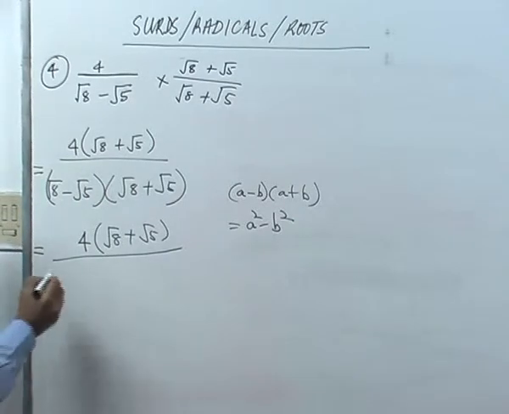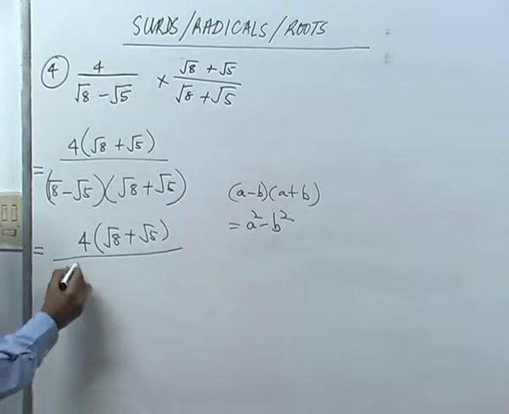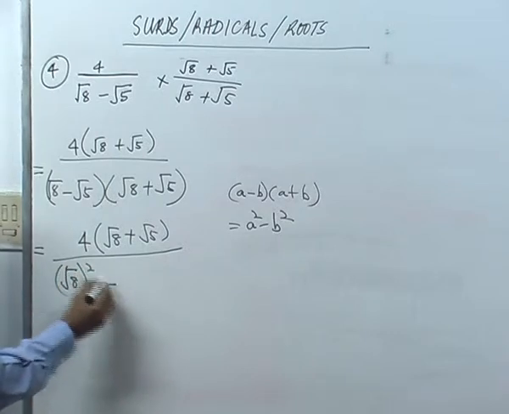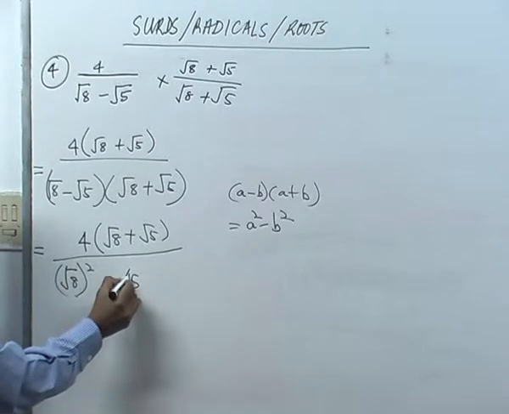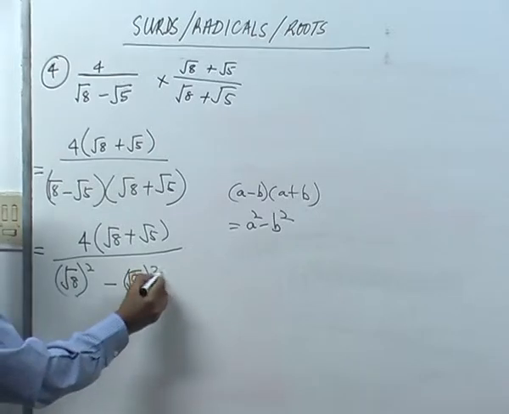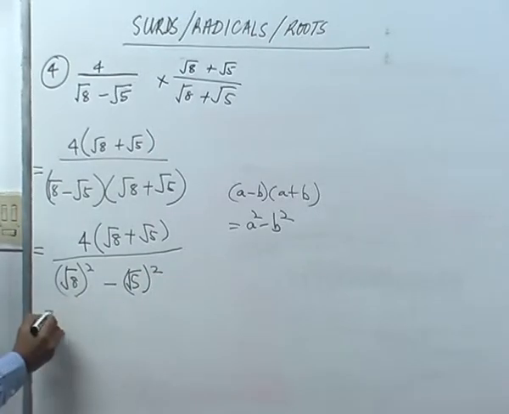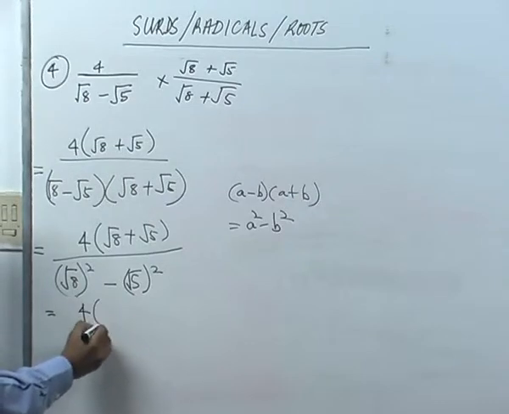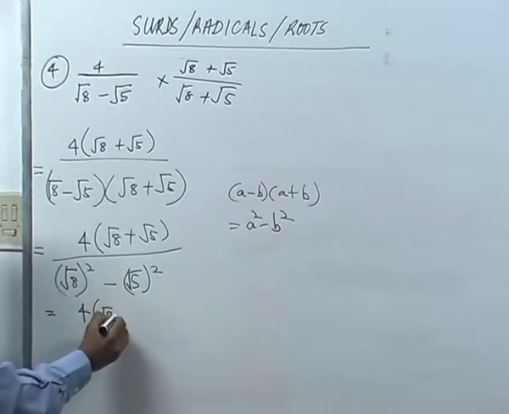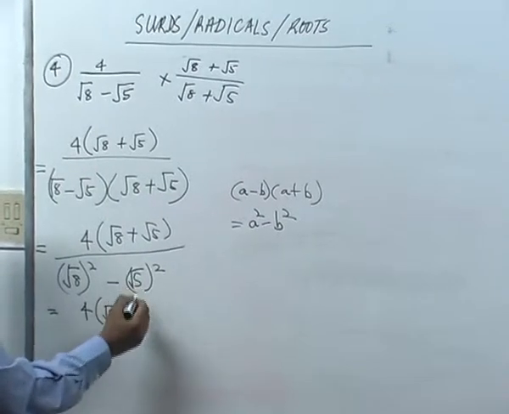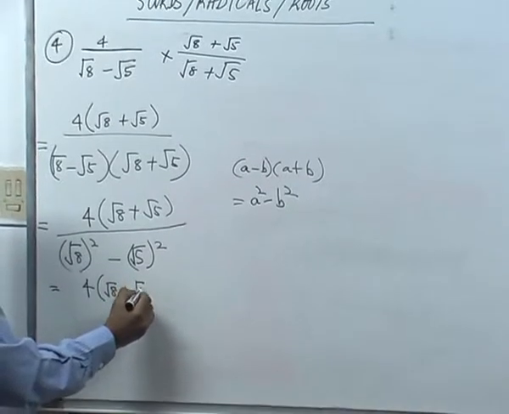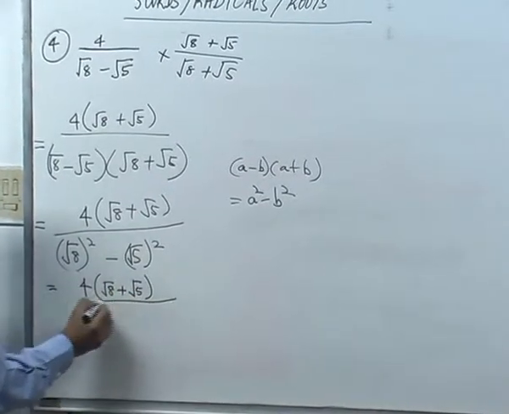So, this will be square root of 8 squared minus square root of 5 squared. So, in the numerator you got 4 square root of 8 plus square root of 5 all over.